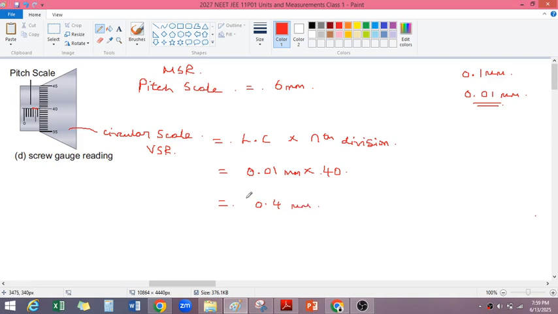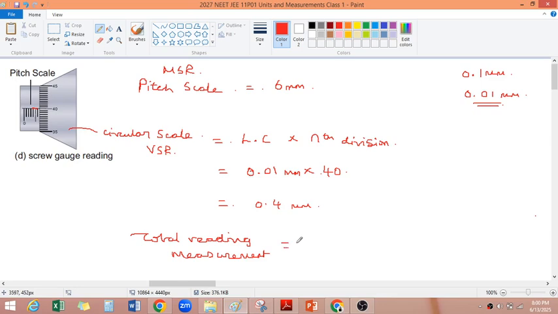Again you have to add this and this, so the total reading, or measurement, is equal to pitch scale plus circular scale.